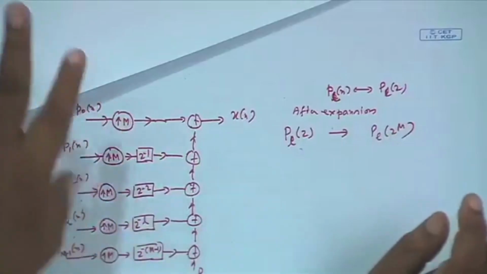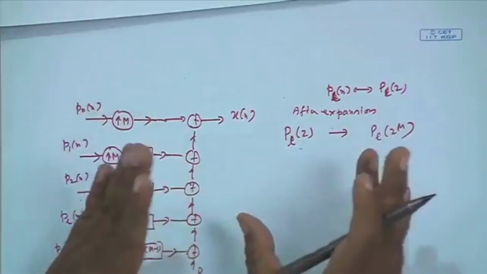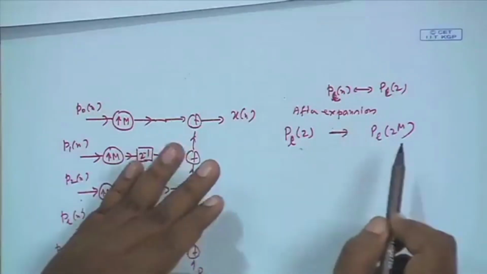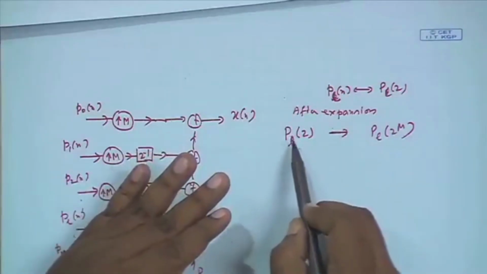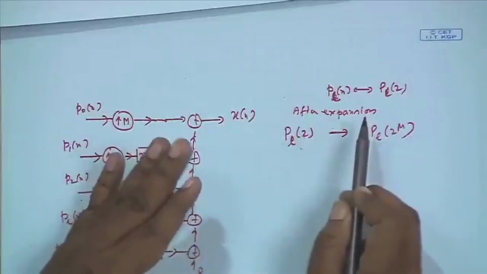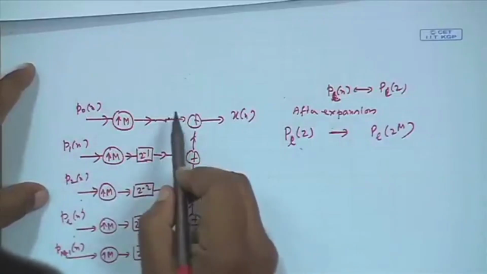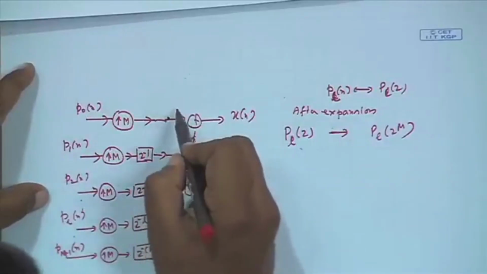That is, between every pair of samples, if I bring in m minus 1 additional zeros, it is a high speed sequence, only intermediate sample values are zeros. So the resulting sequence will have a Z transform which will be the original PL, but instead of Z, Z to the power m. So this will be P0 Z to the power m.